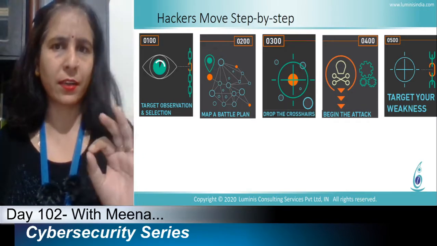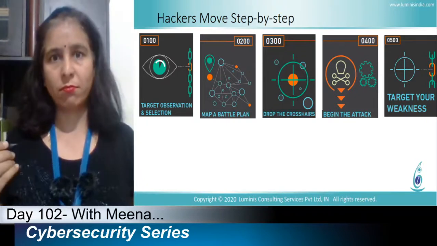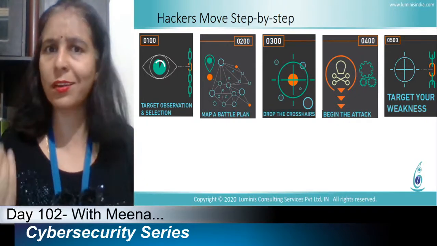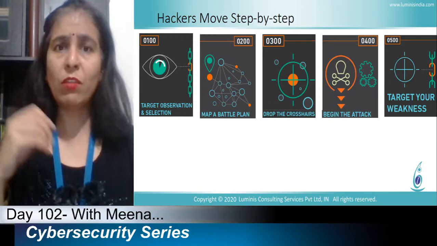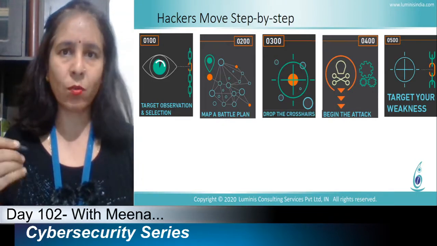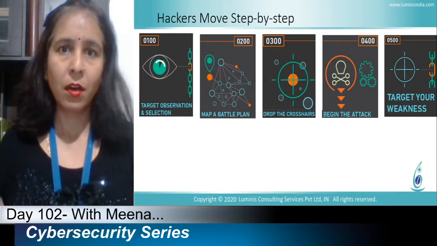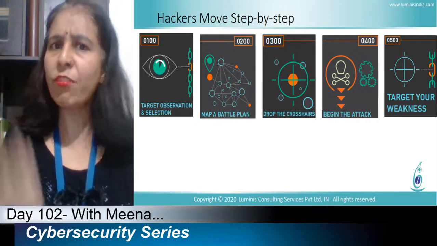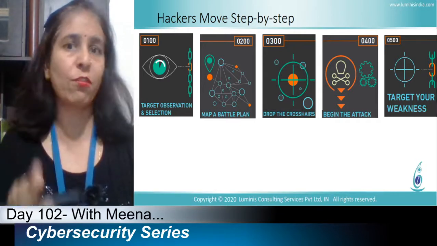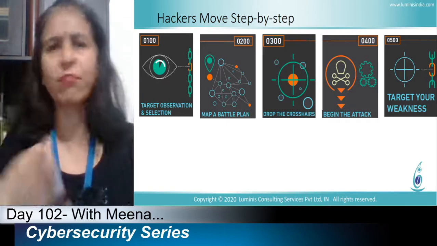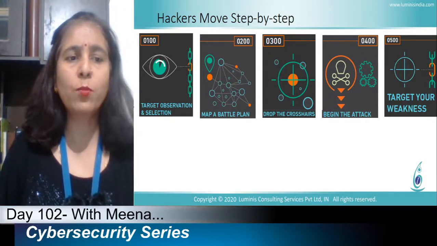First, they decide their target and start to observe: what are their habits, what they like, what they dislike, where they move, which websites they generally open, what their favorite type of website is, where they publish information, who their friends are. Whatever information they need to perform an attack, they go into detail to find out about their target. So in the first step, they observe their target.